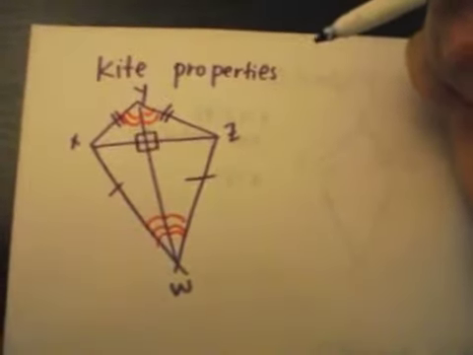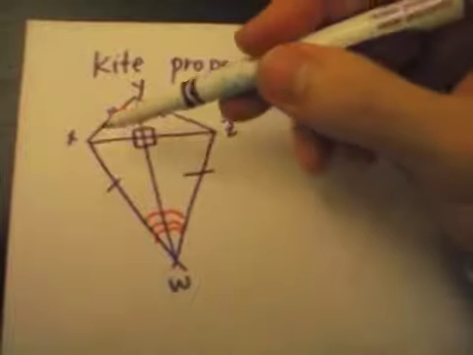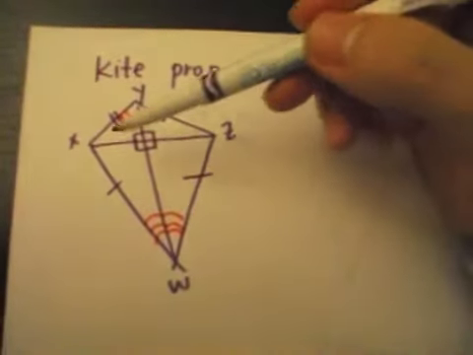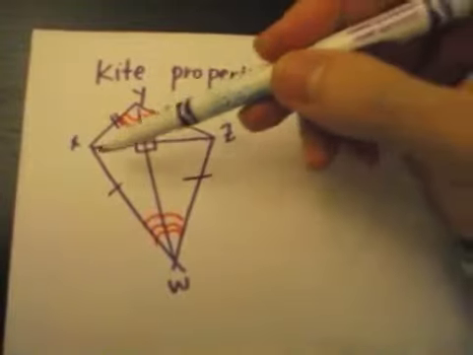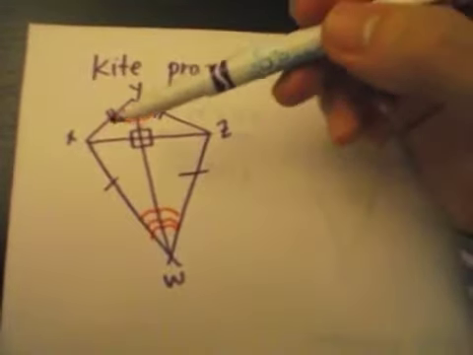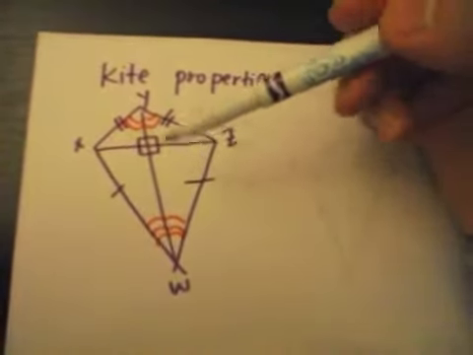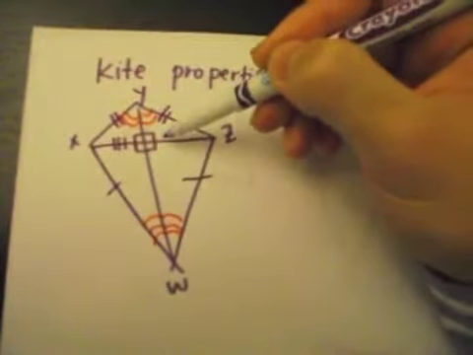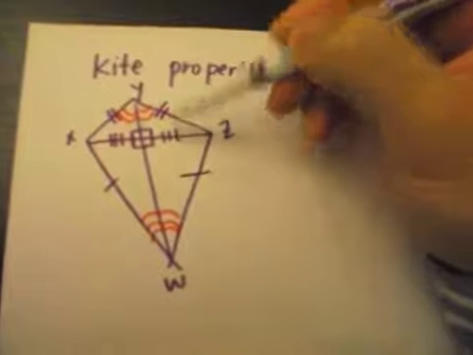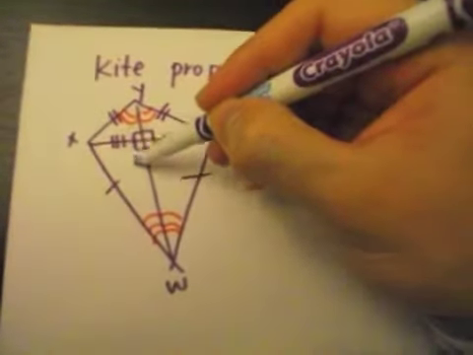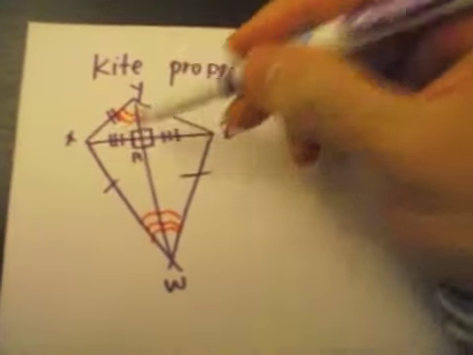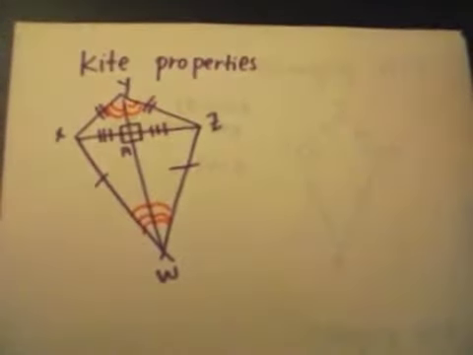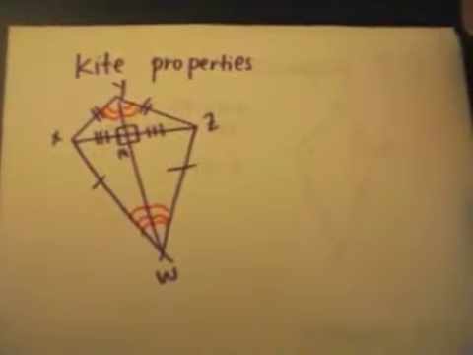And not only that, but the non-vertex diagonal here, the diagonal that connects the non-vertex angles, this particular diagonal gets cut in half. So if I were to put a point here like point A, then I would say that XA is congruent to AZ. So those are your kite properties.